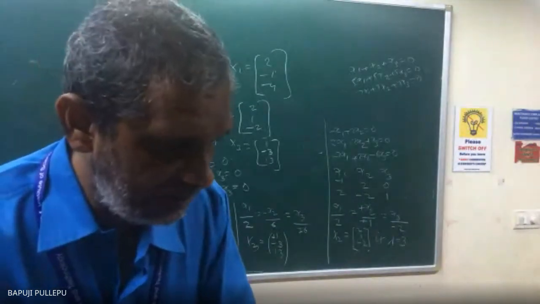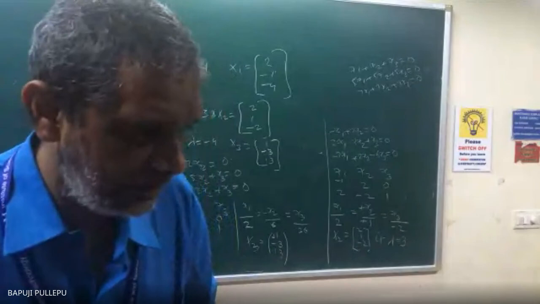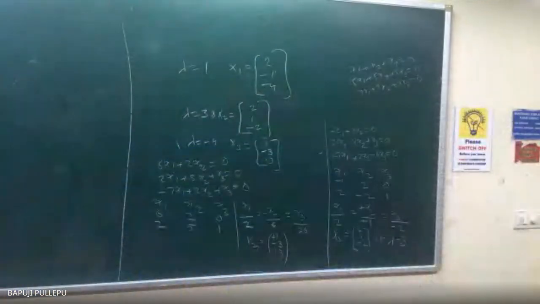What is the last number? 30. Wait. Last number is 27. Okay.